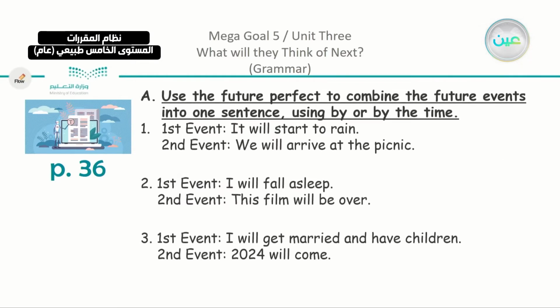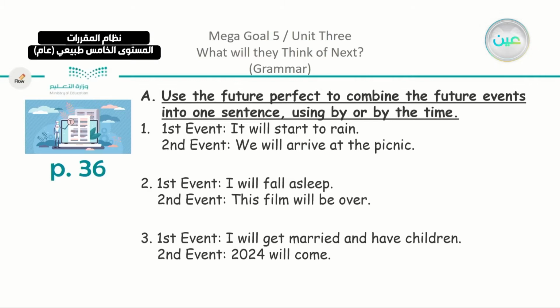Okay, going back to our models, we have the first one. It will start to rain. We will arrive at the picnic. So I advise you to live the example. If you want to do it right, you have to feel that you are the one who is talking. You are pretending that you are in this situation.